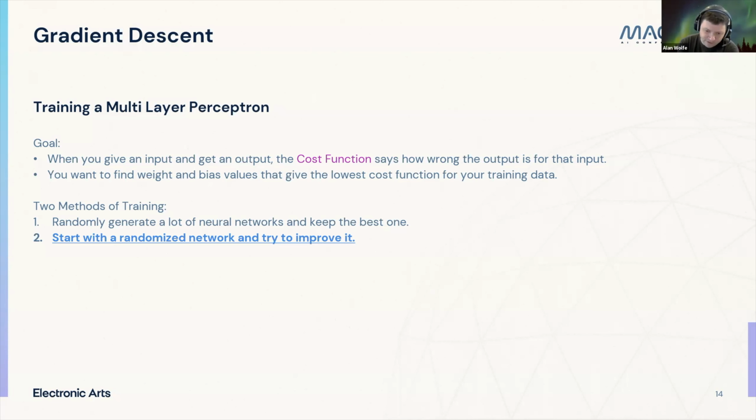This can work well for small networks, but when you have larger networks that have thousands of weights and biases or more, this becomes a lot less effective. And so what people usually do instead is they will start with a randomized network and then they will try to improve it. That's what we're going to be talking about.